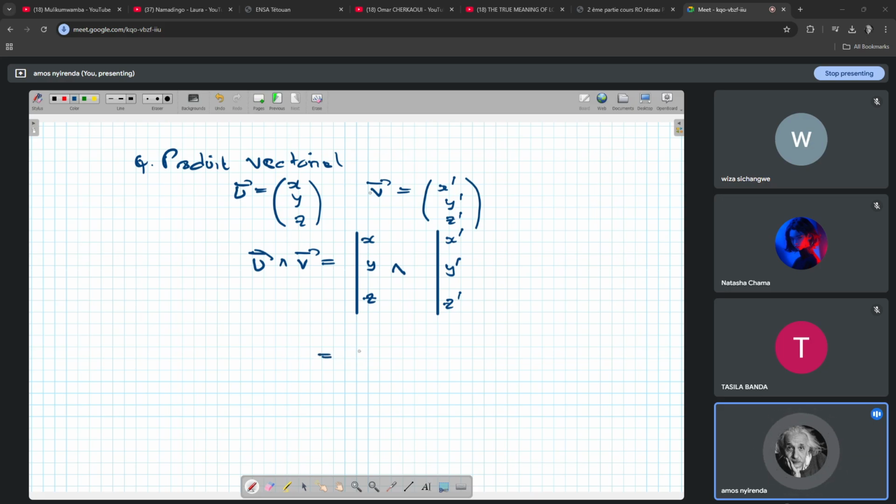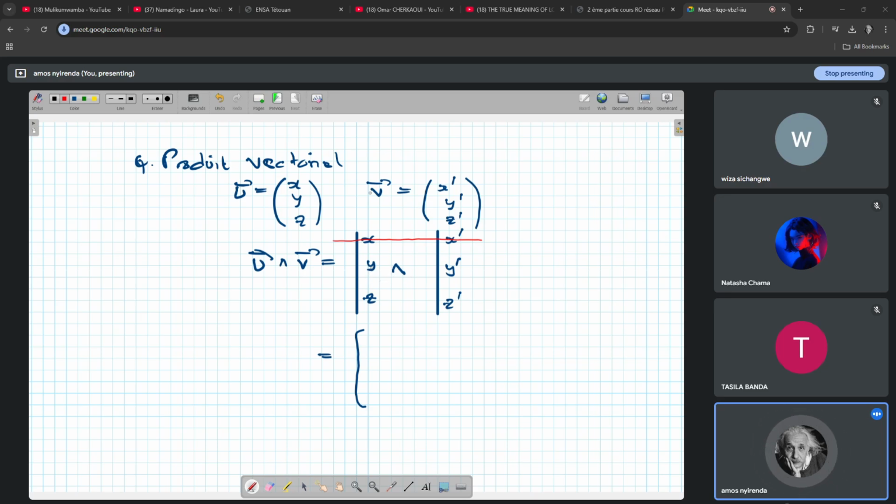Well, the result here is a column vector. It's a vector that has the same number of components as the two vectors. If you want to calculate the X component of a produit vectoriel, all you have to do is get rid of the first line. So I'm going to cross this first line here, and then cross multiply the other two components.